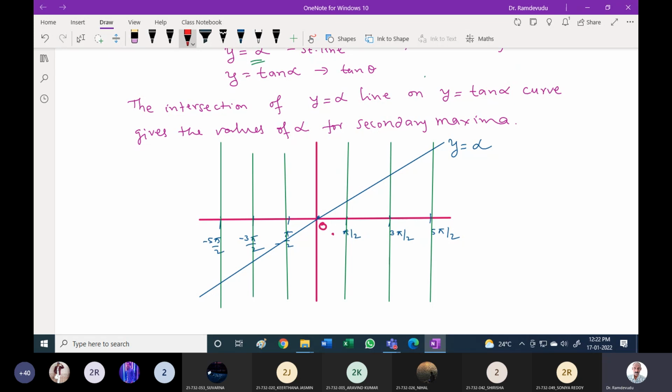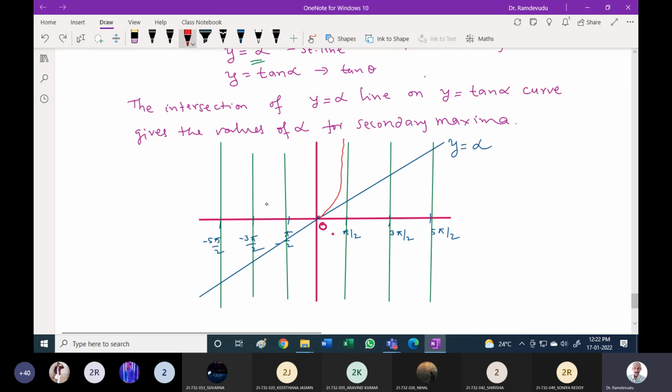Therefore the tan value starts from 0, goes like this, and becomes a maximum like this. Similarly, on the negative side, this tan curve starts somewhere here, slowly comes, and becomes infinity at minus π/2. Let me try it again.